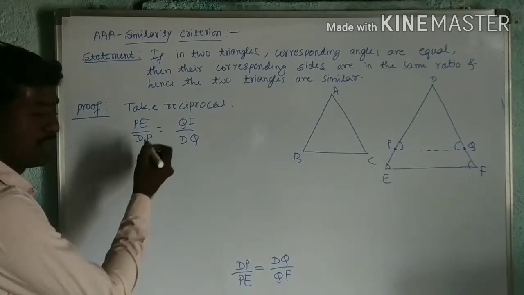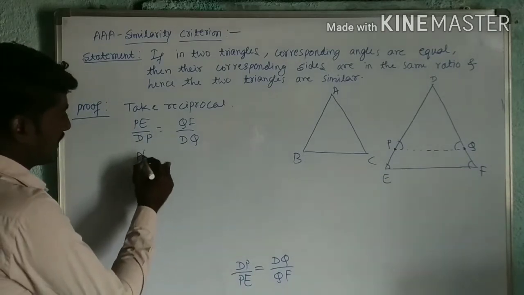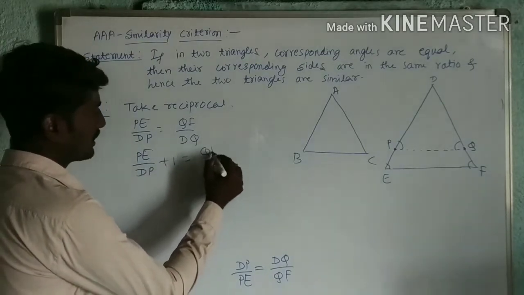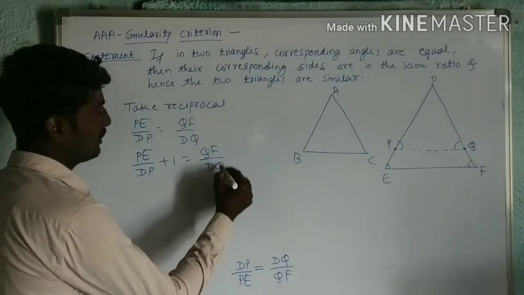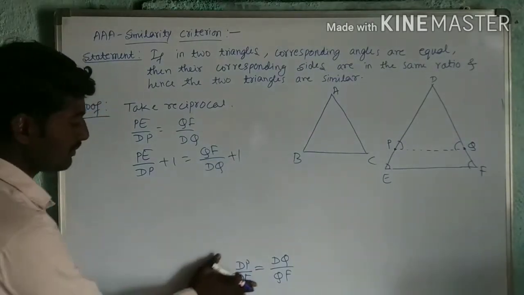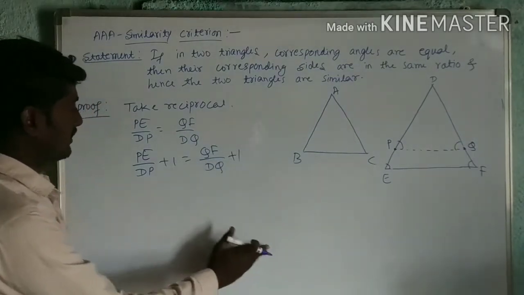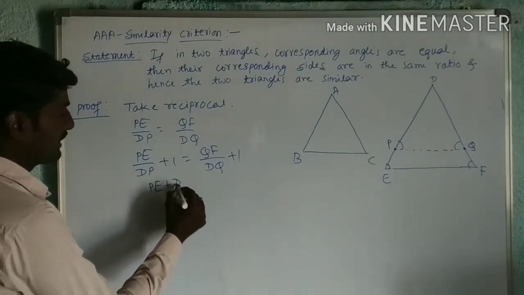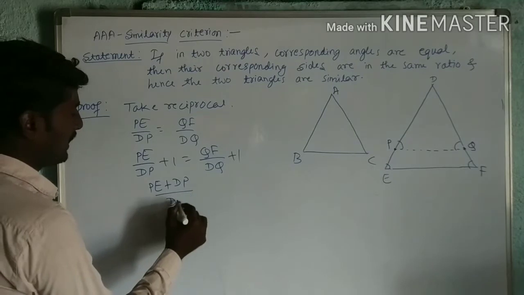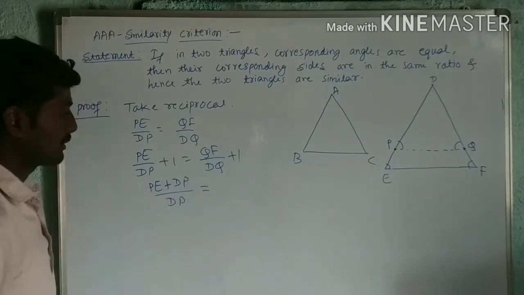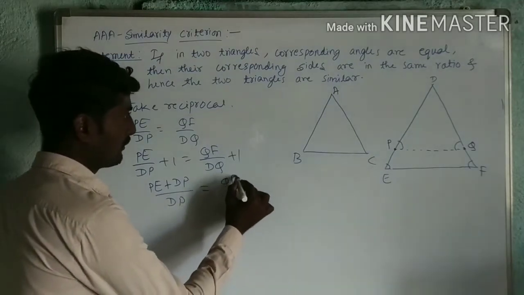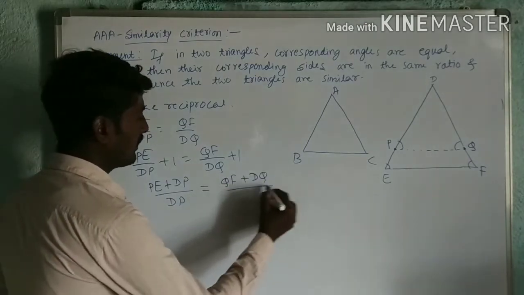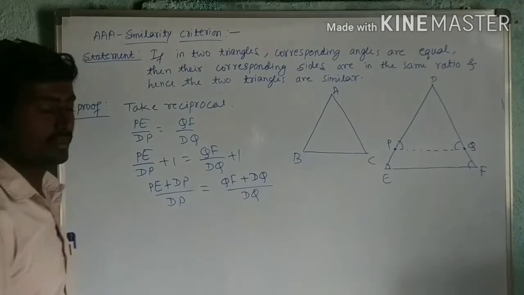So PE divided by DP plus 1 is equal to QF divided by DQ plus 1. Next, take LCM here: PE plus DP divided by DP is equal to QF plus DQ divided by DQ.